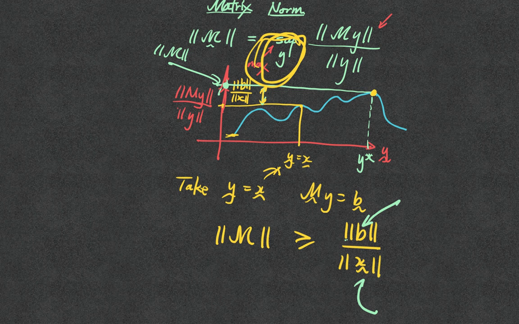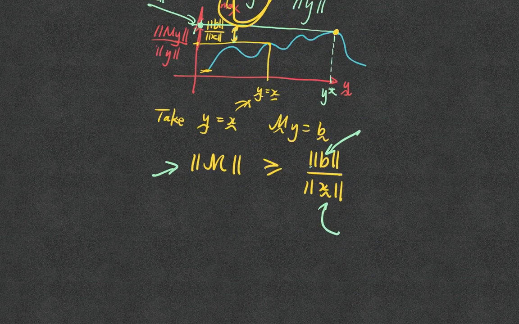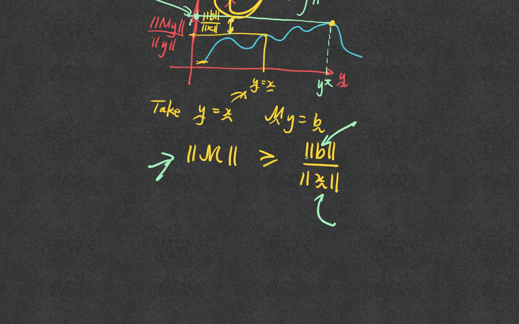And I want my norm to be defined such that if I define the norm of the operator M, it would always be greater than that b to x ratio so that I can have the worst case control. Remember, very important. And this bound is more useful than the other way around. I won't use the minimum. Okay, you see what I mean?